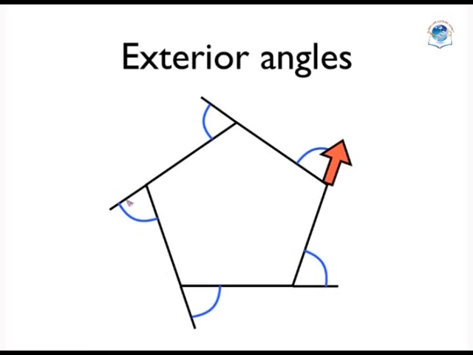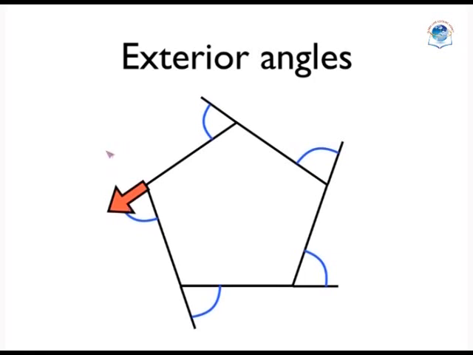So we rotate anti-clockwise through the first exterior angle. We do not change the direction of the arrow, but we move it to the other vertex. Another anti-clockwise rotation, and without changing its orientation, we move it to the third vertex.